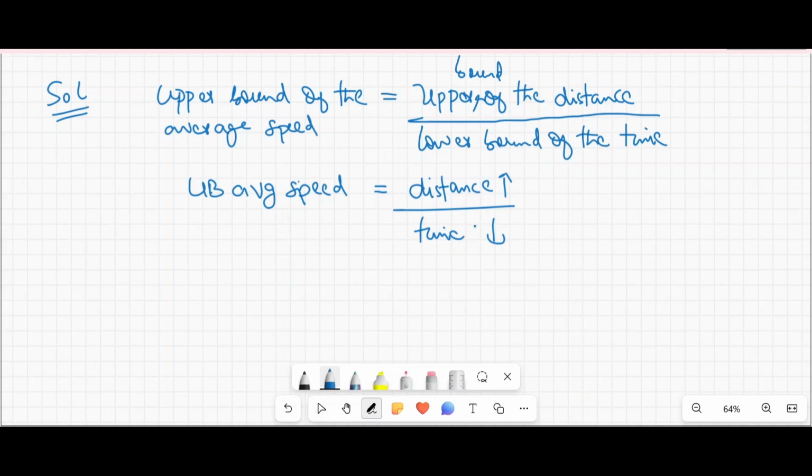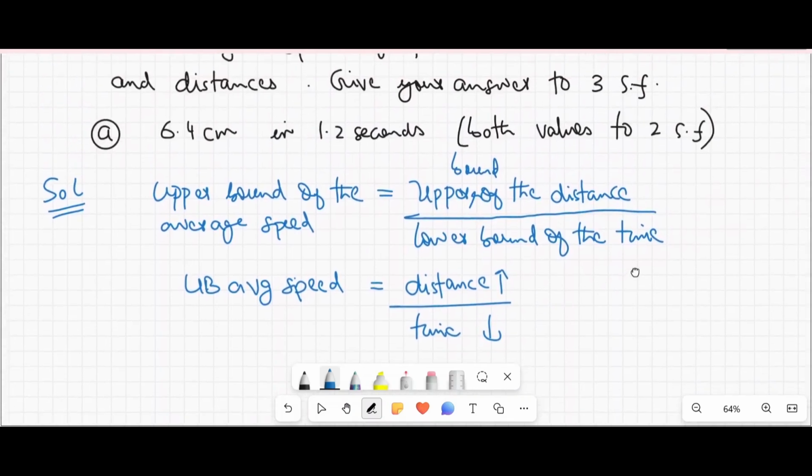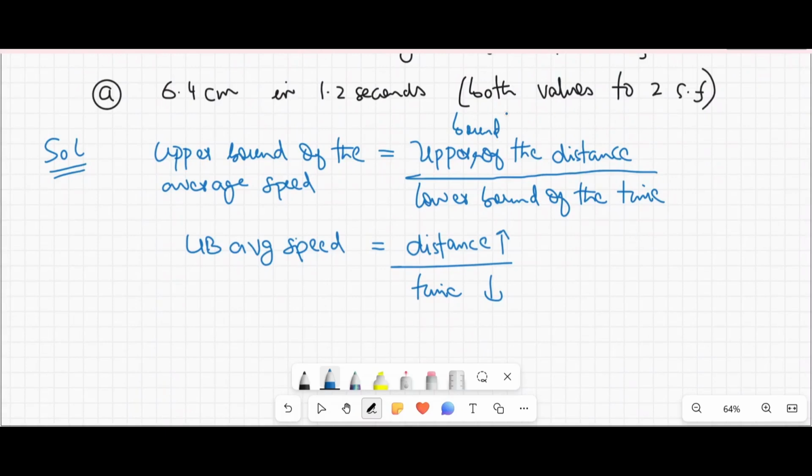For finding the upper bound of a distance, you have to find the accuracy first. Here it says both values to two significant figures. What is the two significant figures of 6.4? This is the first significant figure, 6, this is the second. So the accuracy will become 0.1 centimeter.